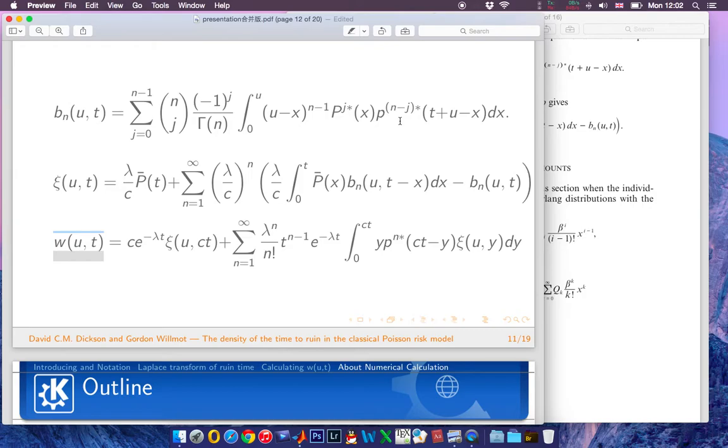And that reminds me of something that I see here. If I want to calculate WUT, I also need the value of P powered by n star here.